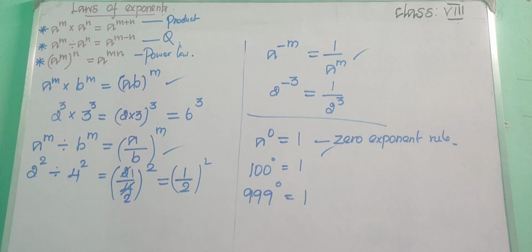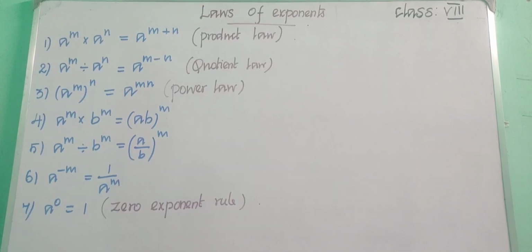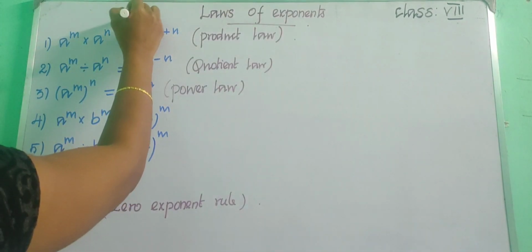Is it clear children? So these are all the laws of exponents. Let us do the sums by using these laws of exponents. Children, take your classwork notebook. We have learned the laws of exponents, right? You are going to write these laws in your classwork notebook. Put today's date.